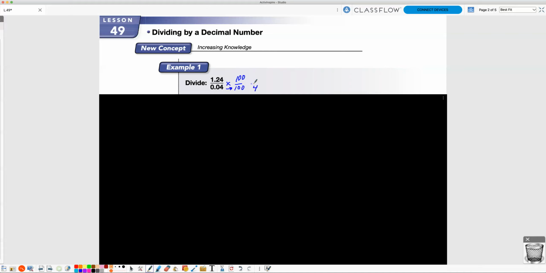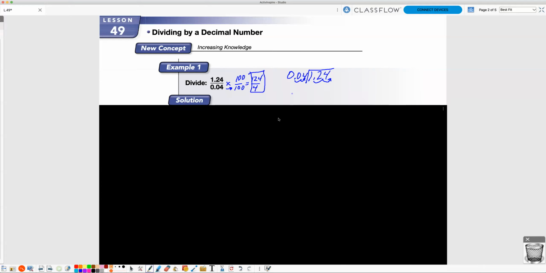In this case, 4 is the whole number in the bottom now, and it'd be 124 in the top, because we'd shift the decimal 2 places to the right. If this was the problem, it's 1 and 24 hundredths divided by 4 hundredths. You see that you'd have to move this decimal 2 places to the right, and therefore you'd have to move this decimal 2 places to the right, and you'd have this problem right here, 124 divided by 4.